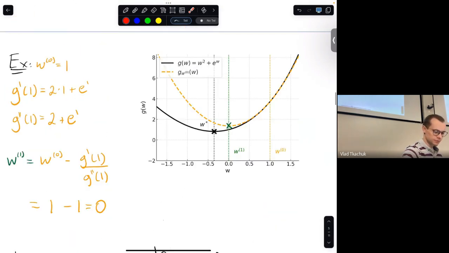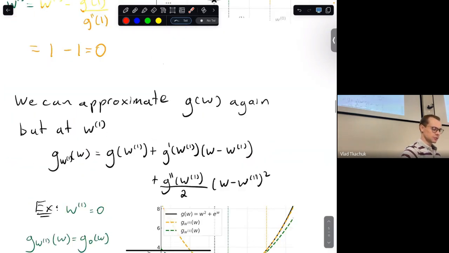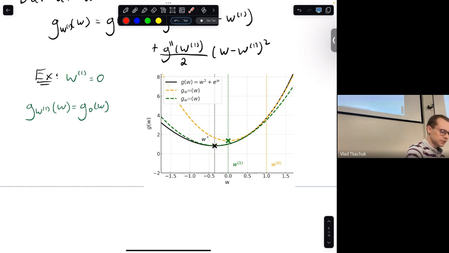That was this point, 0. So we're going to do the approximation there, and we get this green function. And notice that around W1, it is quite good at approximating g of W. So guess what? Now if we find the minimum of this green function, this new approximation, you can see that this minimum is going to be very, very close to W star.